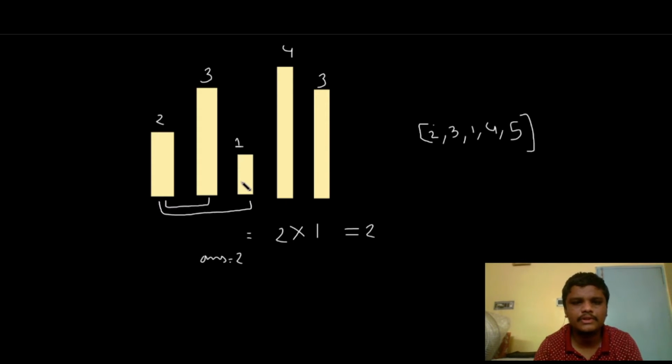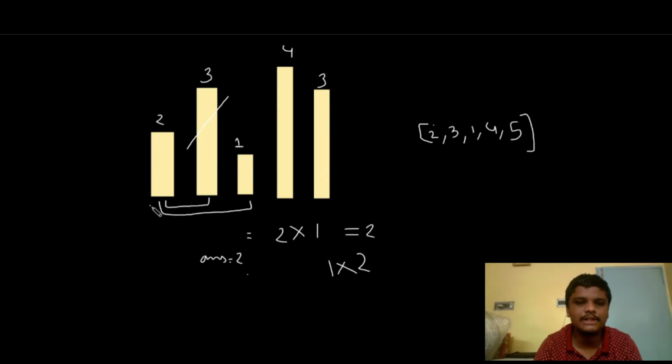When checking 2 comma 1, we imagine that the other lines don't exist, so we only consider the minimum between 2 and 1, which is 1. Since the height is 1 and the distance is 2, 1 multiplied by 2 is 2. We already have 2, so no problem.